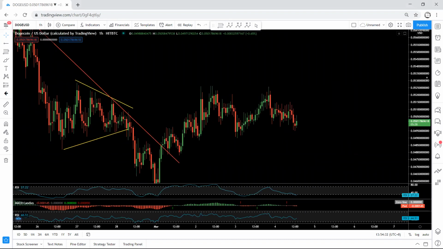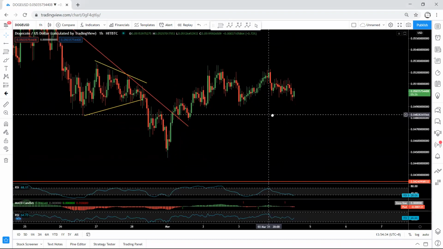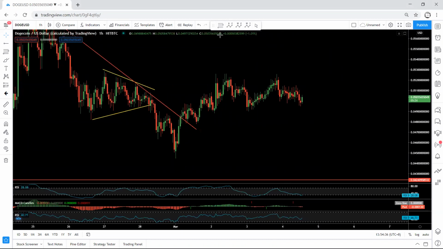And if we move to the 1 hour chart, as I explained, we can still expect the price to drop for one more correction, one more drop again. And the second possibility: if we get any correction or up move, the best thing is if the price can break the top.